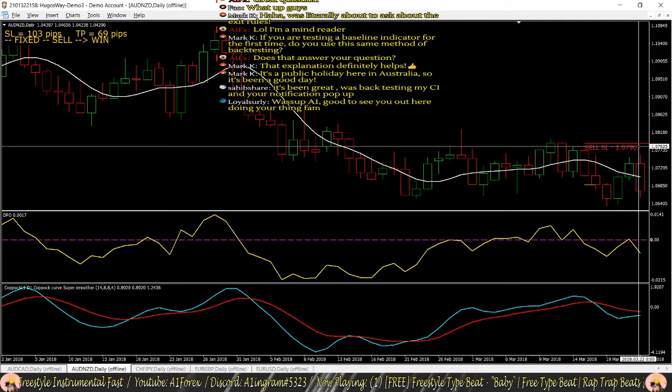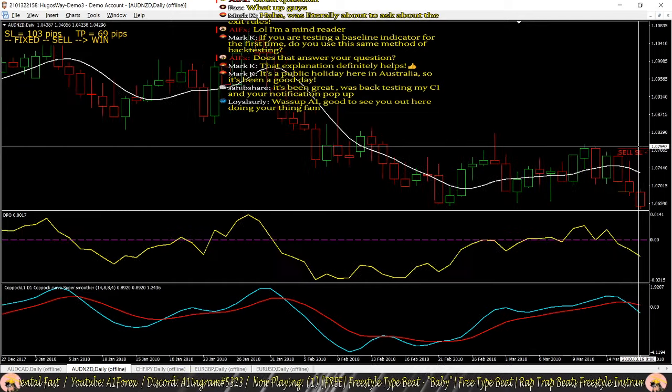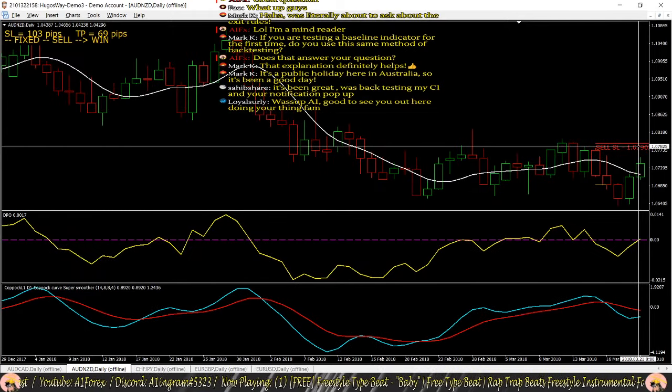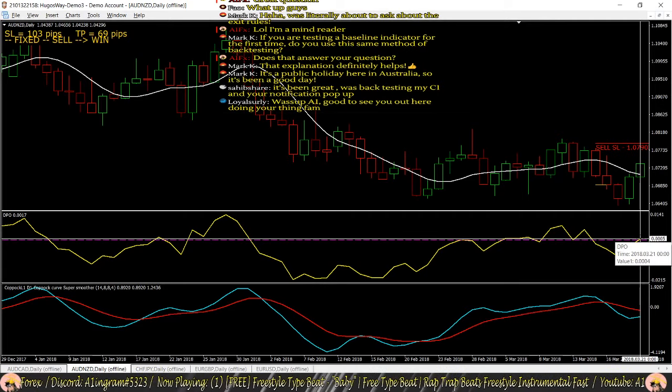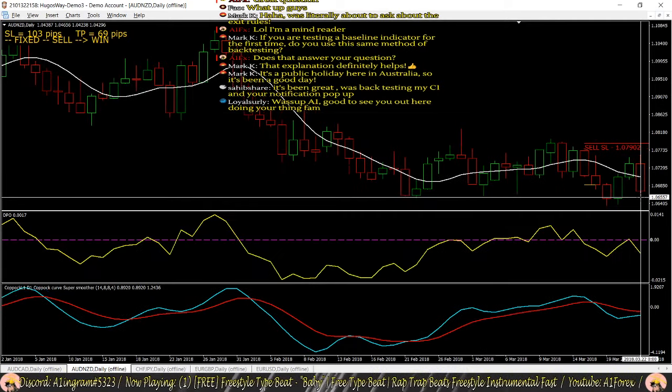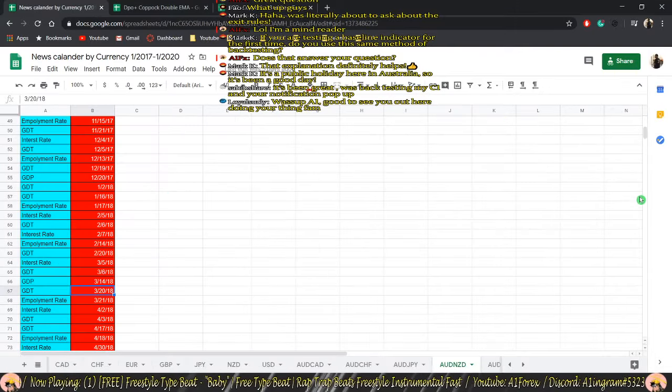Alright, this was a, let me go back. Alright, so boom, that is a standard entry. And I don't need to measure that, I know that's within 1 ATR.